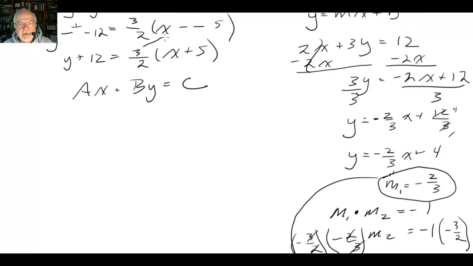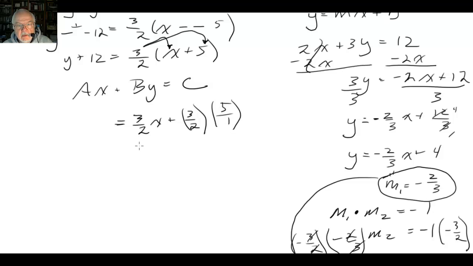First thing we're going to do is get rid of the parentheses, good old PEMDAS, by distributing. 3/2 times x is 3/2 x. 3/2 times 5 over 1 equals 3/2 x + 15/2, since 3 fives are 15 and 2 ones are 2.